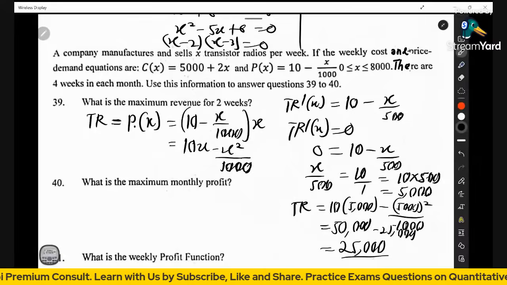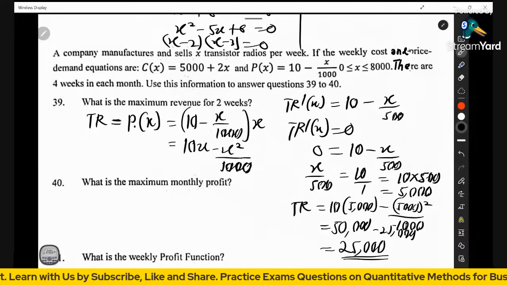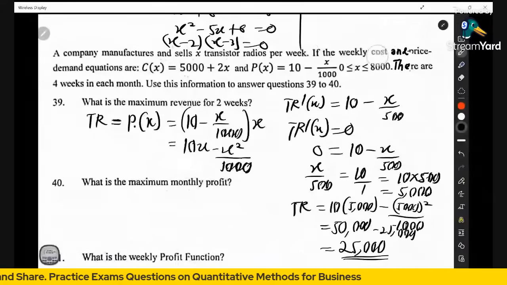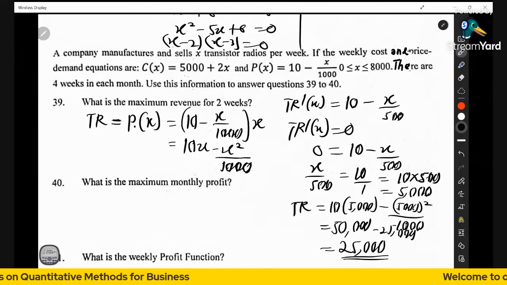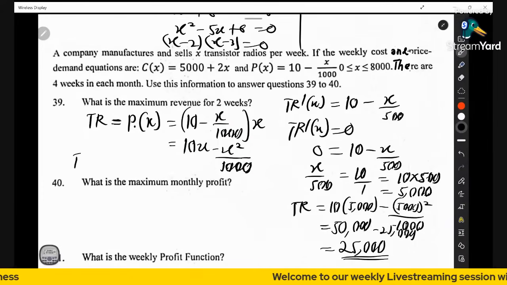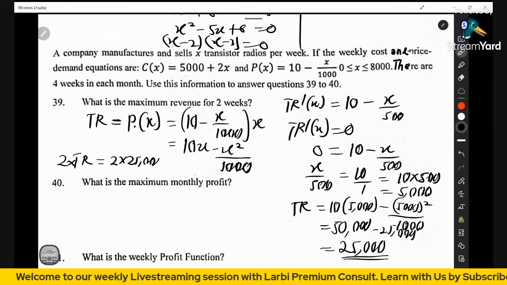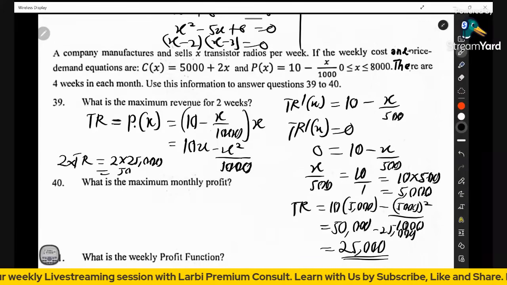So our total revenue is 25,000. But remember, this 25,000 is for just 1 week, because we're given weekly information. Once you get the 1 week maximum revenue, for 2 weeks you multiply by 2. So our total revenue for 2 weeks should be equal to 2 multiplying 25,000, and we are getting 50,000.